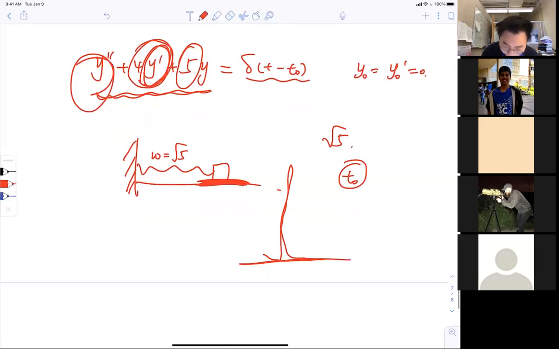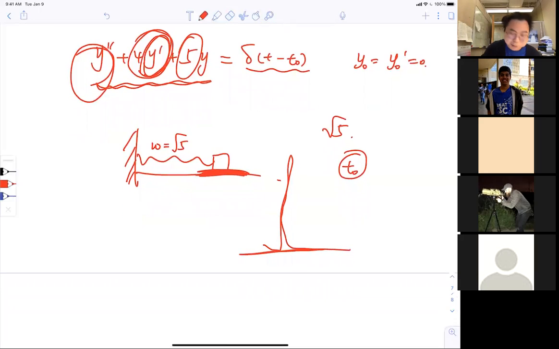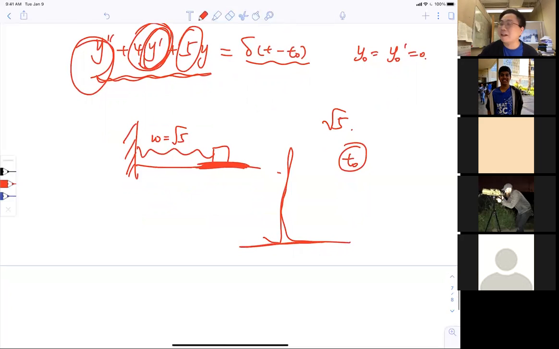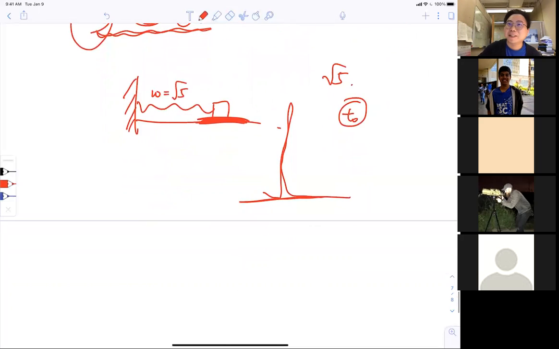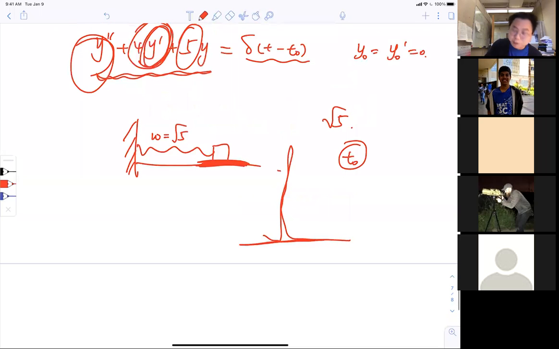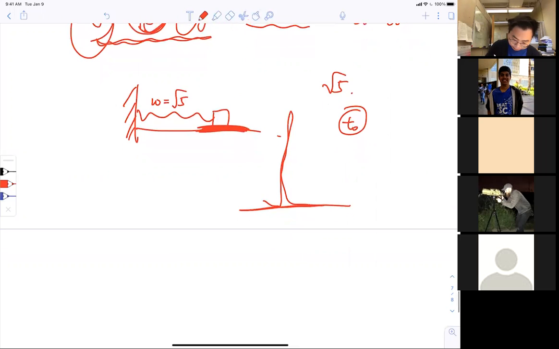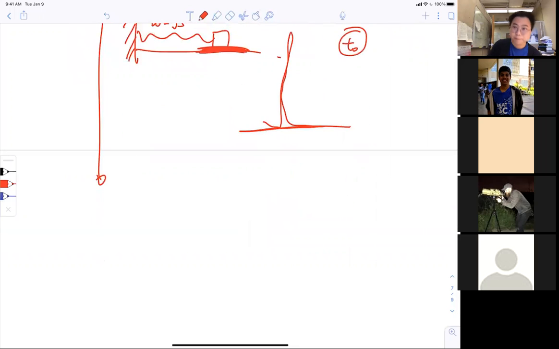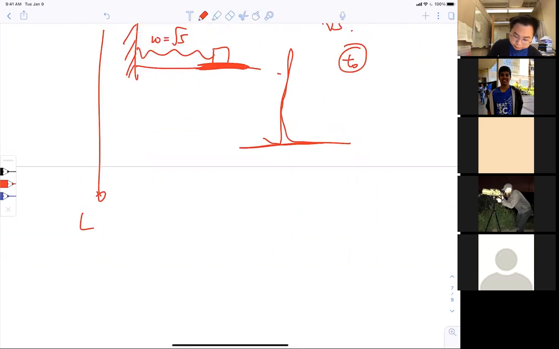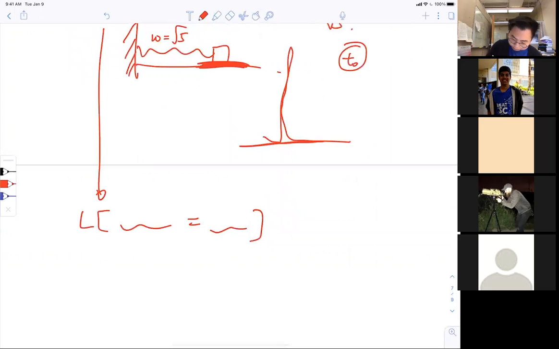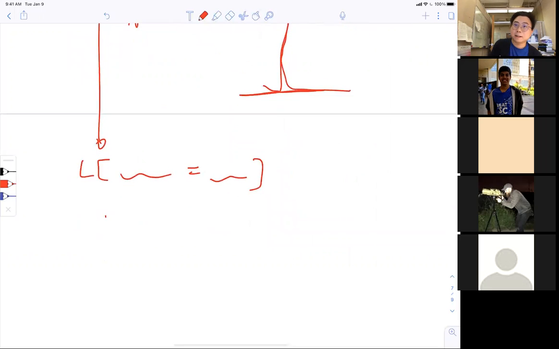And to solve this problem, because I think we are running out of time, only one minute left, I will upload my notes later on the CCLE, but I just want to show you that basically, you apply the Laplace transformation on both sides of the whole equation, and you would get p squared times y plus 4py plus 5y equal to exponential minus p t naught.